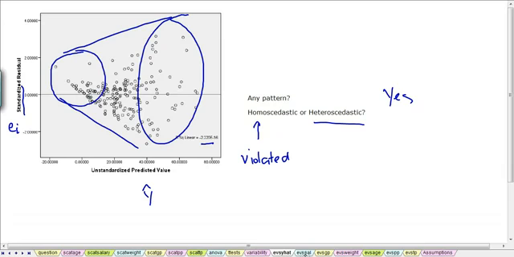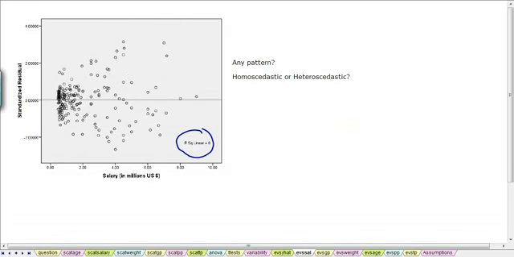Now with the salary, the r-squared is 0. And here, maybe you might consider it somewhat of a funnel, but it's not a very serious funnel, so I would say that there is not really a problem with a pattern. So for salary, we've got homoscedastic behavior, so it's okay.